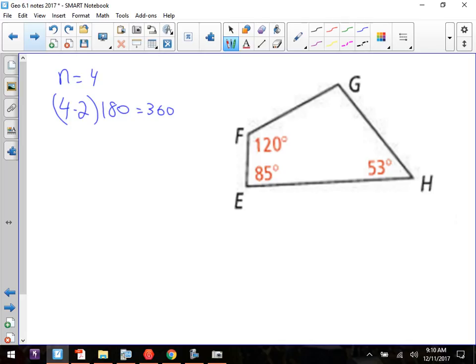That means all 4 of those have to add up to equal how much? 360. So 120 plus 85 plus 53 is 258, so 360, subtract the 258, what'd you get? 102.